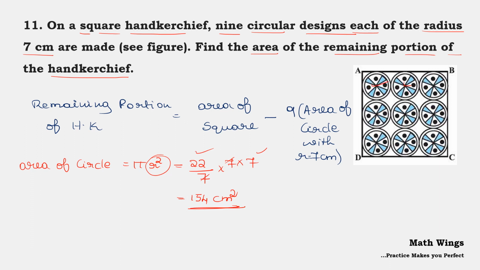Therefore, what's the area of 9 such circles here? We have 1, 2, 3, 4, 5, 6, 7, 8, 9. So what is the area of 9 such circles? 154 into 9. What's the answer we get here?